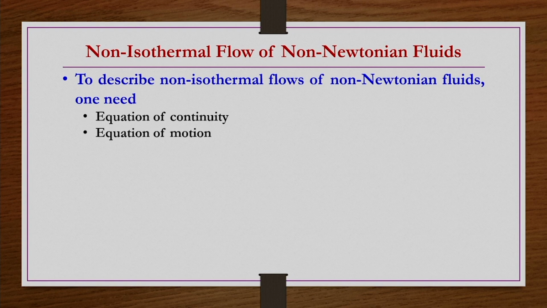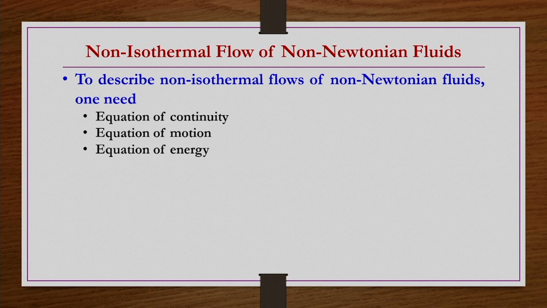Then the equation of motion, because we are not just talking about conduction where there is no flow; we are also incorporating the flow of the non-Newtonian fluid. So, if flow is involved, the equation of motion is definitely needed.